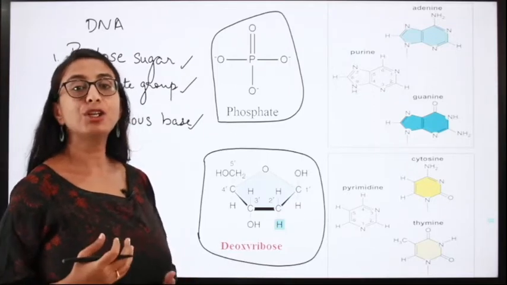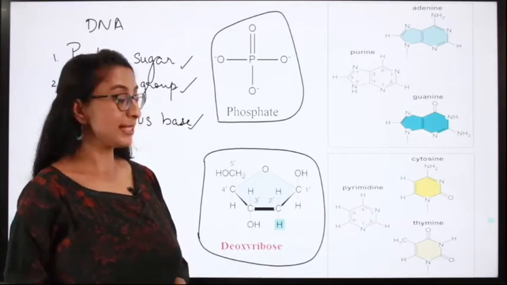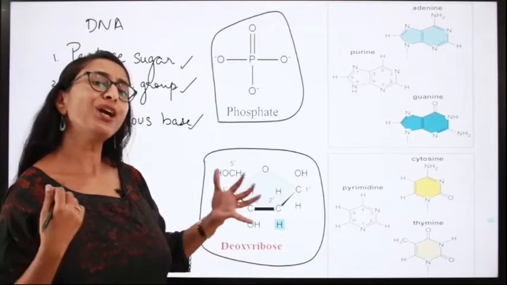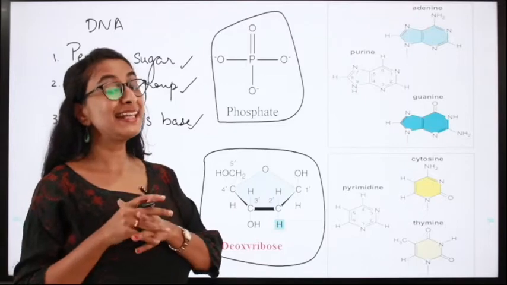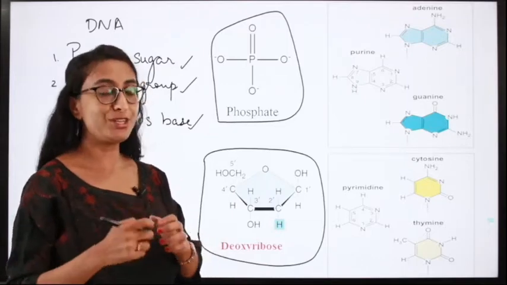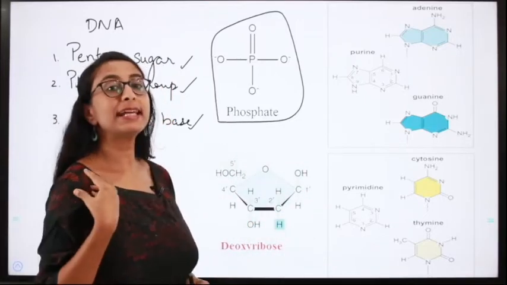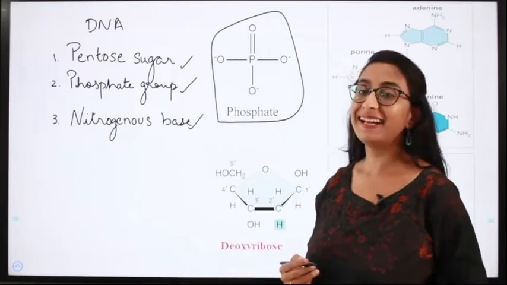So RNA is called ribonucleic acid and DNA is called deoxyribonucleic acid, isn't it? So what is the difference between ribose and deoxyribose? This can also appear as a question. What is the difference between ribose, which is present in RNA, and deoxyribose, which is present in DNA?